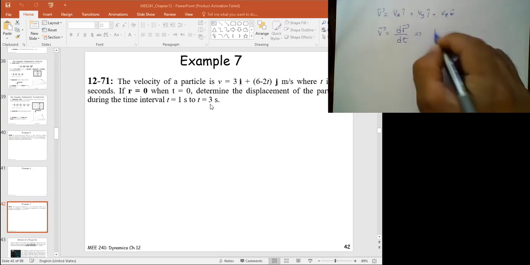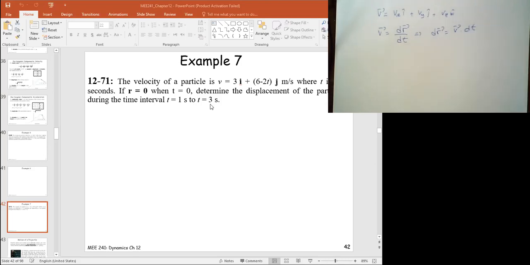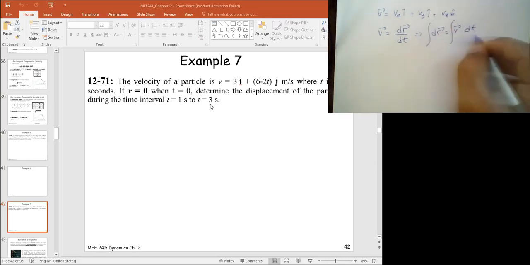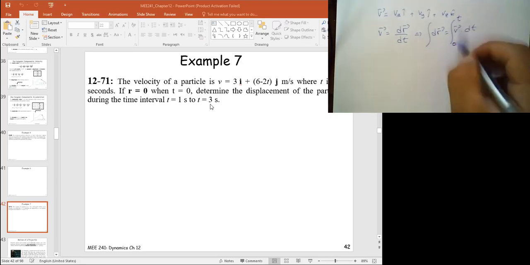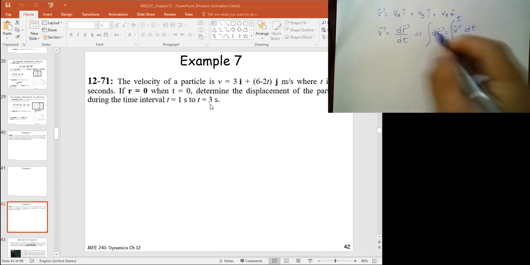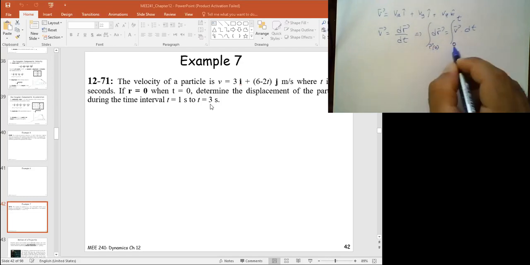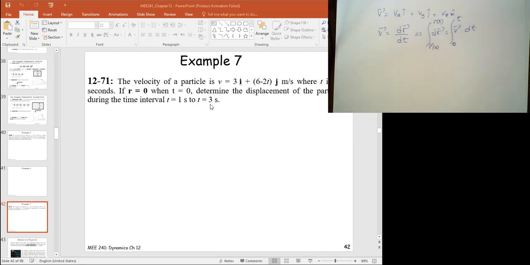So what is my dr? dr is equal to v times dt. So if I integrate this, you start from time equal to 0 to this time t, then r starts at r of 0, that corresponds with that time, and then here it would be r of t.